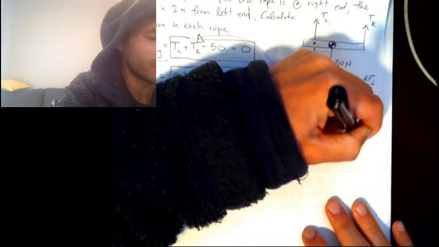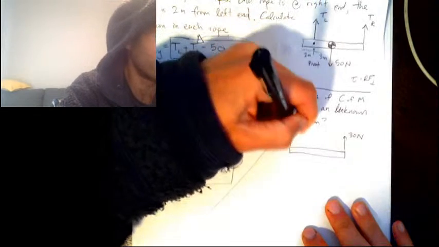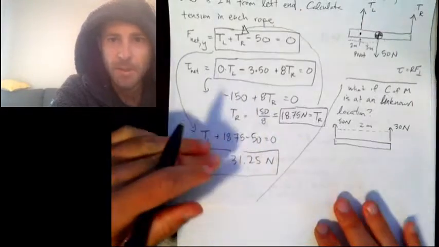This rope carries 30 newtons of tension, and this rope carries 50 newtons of tension. Okay, and the total length of this rod is, let's say, 2 meters.